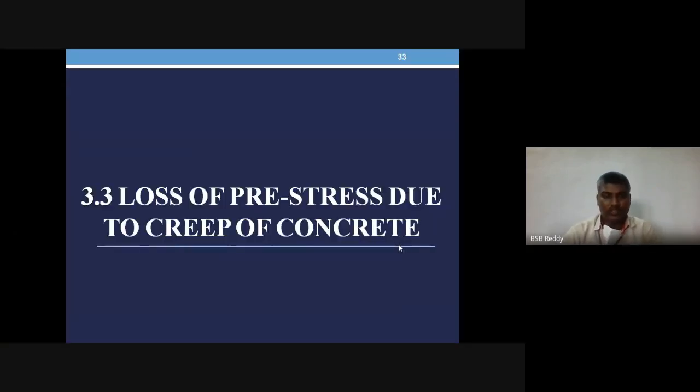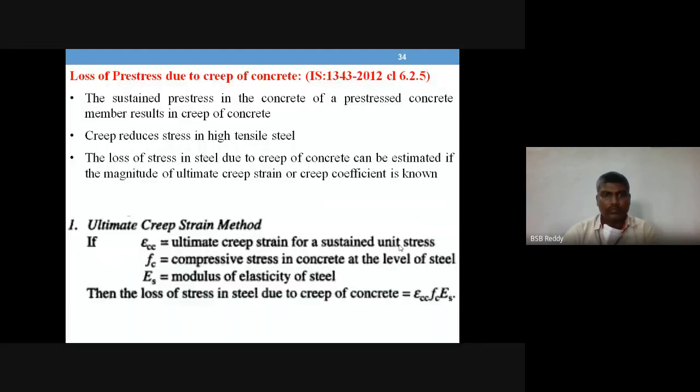Let us see loss due to creep of concrete in this session. We have defined what is creep in unit 1 when we talked about the properties of concrete. Sustained pre-stress in a pre-stressed concrete member results in creep of concrete.